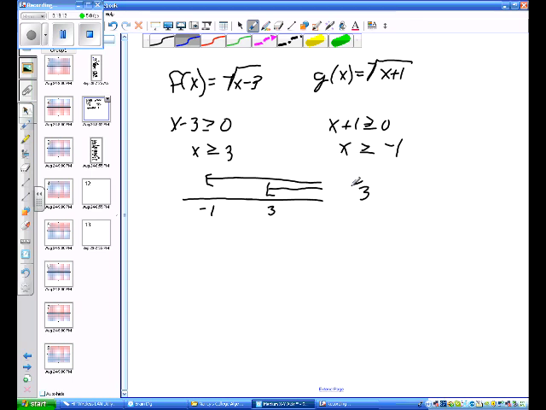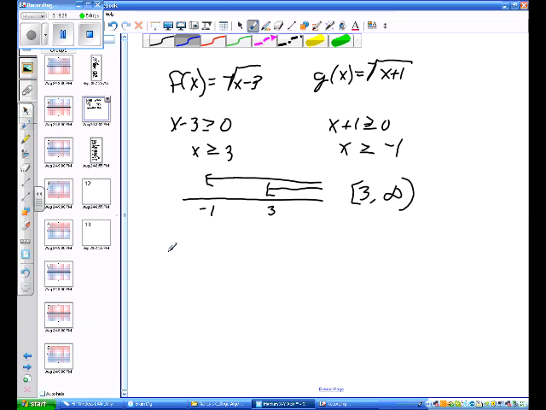So 3 to infinity would be our domain. Those are going to be the values that we can use for these two functions. So we can't use numbers like 2 because 2 would make this part negative.